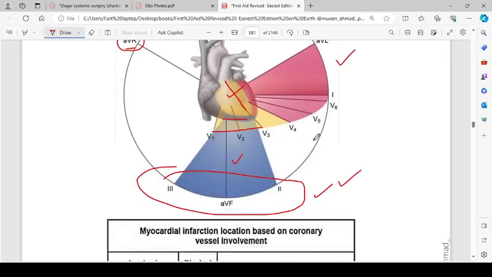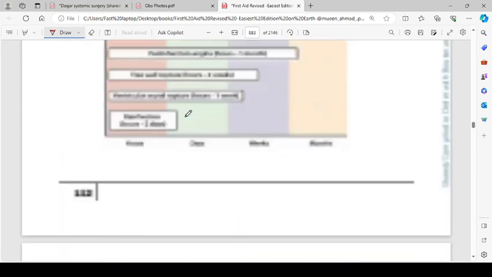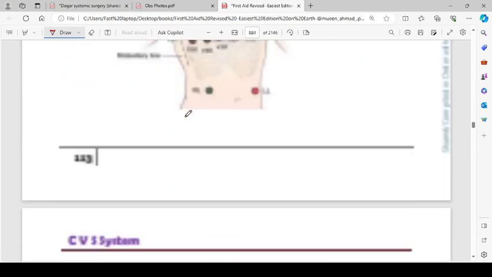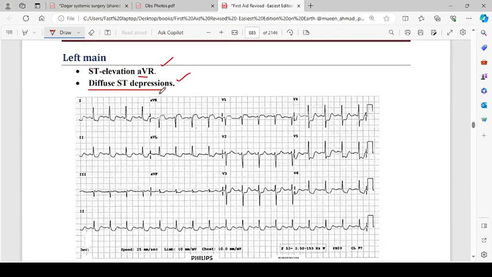Okay, so they are saying that there will be ST depression in lead AVR. Yes. No, there is ST elevation in lead AVR. And then there will be diffuse ST depressions. Now that is what I can't understand. What does that mean? Okay, I have no idea about this one.